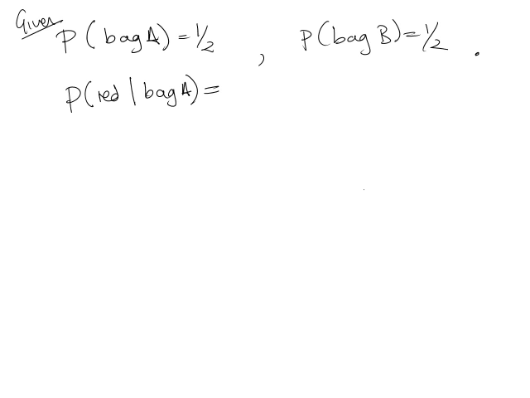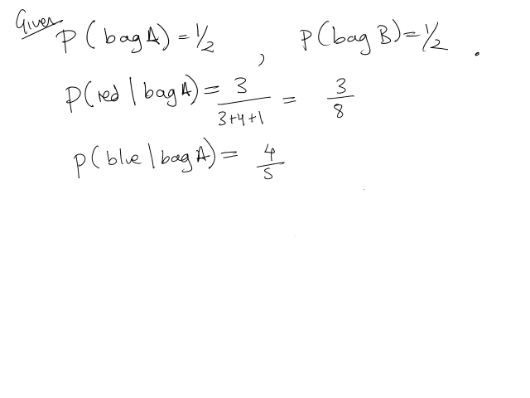is, well, okay, so there are 3 red balls in bag A. And what's the total number of balls in bag A? It's 3 plus 4 plus 1. So it's going to be 3 over 8. And similarly, the probability of picking a blue ball given bag A is going to be 4 over 8, which is a half.